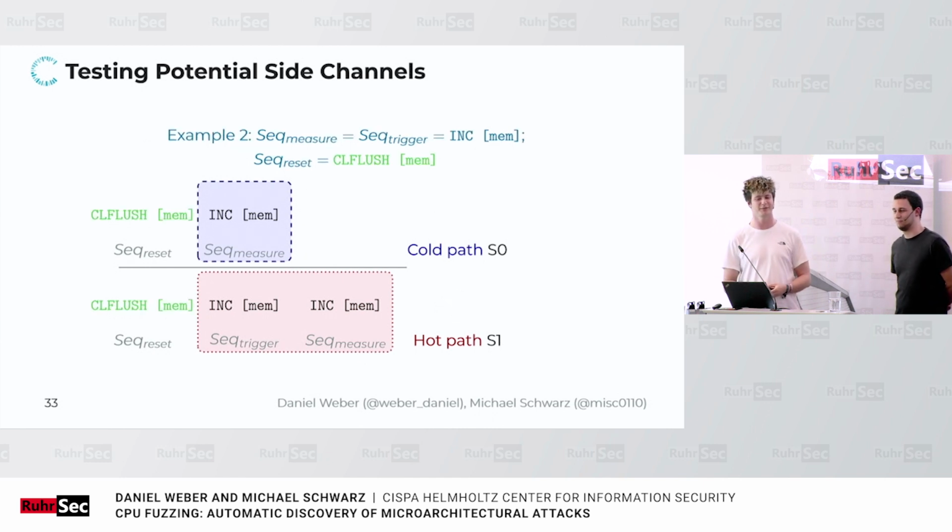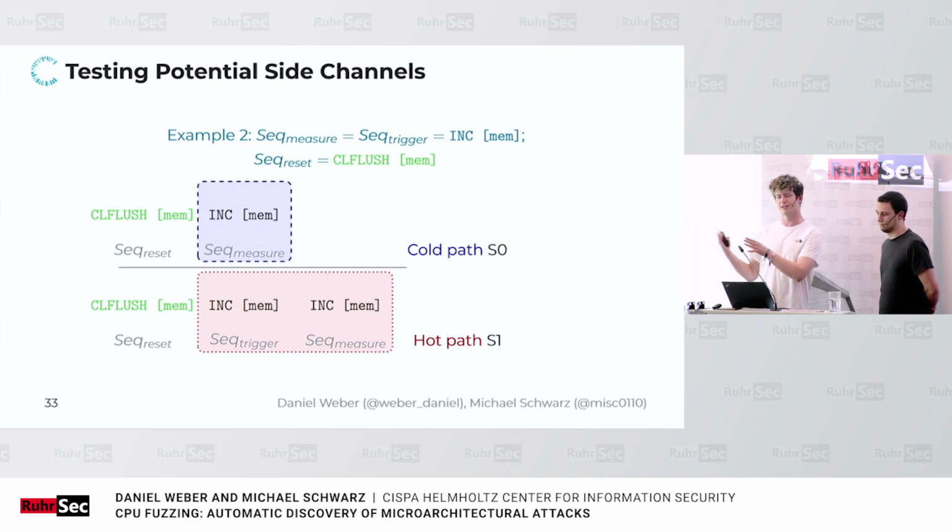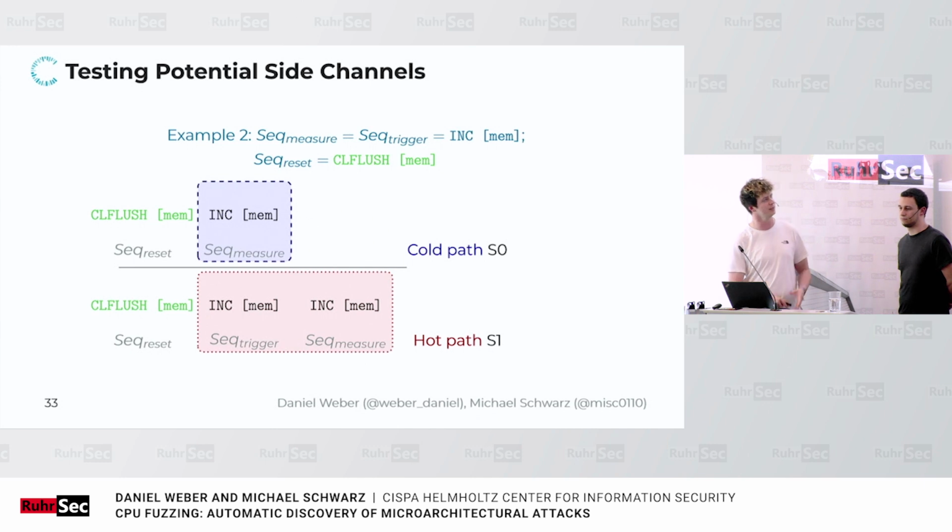But if we have one minor modification here, so just one of those sequences, we change to the clflush instruction, which is the x86 instruction that just removes a given memory address from the CPU cache. So what happens then? Well, first off, we remove the memory address from the CPU cache, and then we load it. So that's now a cache miss. We've seen that. That's very slow.